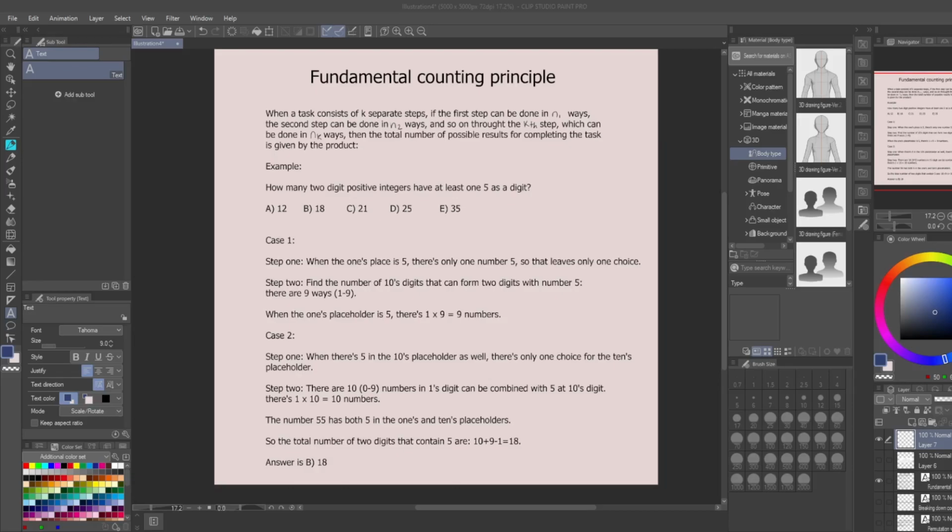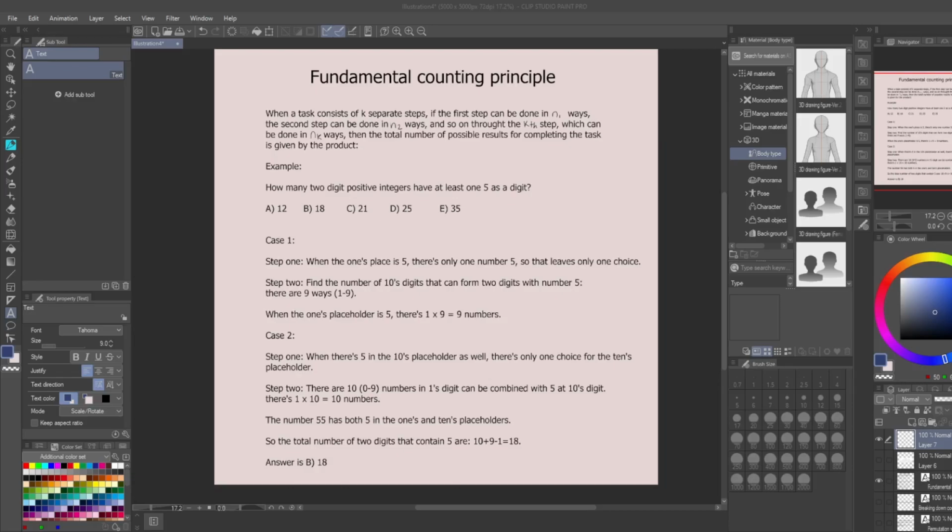So for case 1, for step 1, when the ones place is 5, there's only one number, 5, so that leaves only one choice. And for step 2, we can find the number of tens digits that can form 2 digits with number 5. And there are 9 ways.